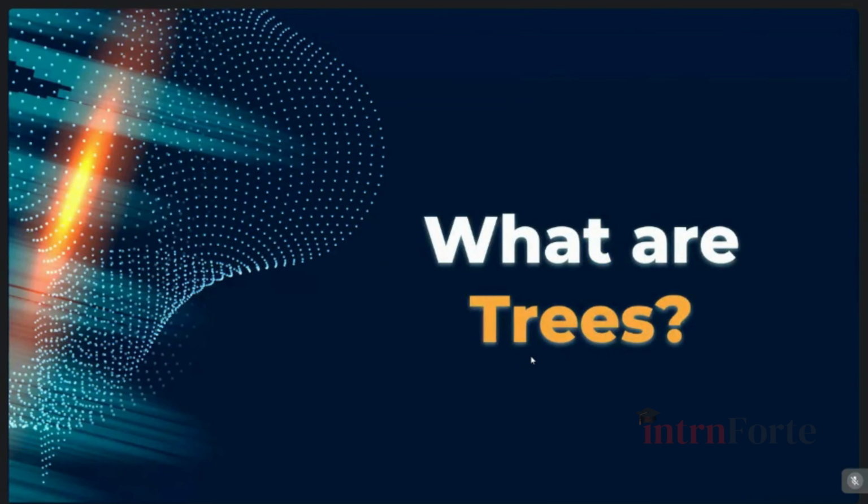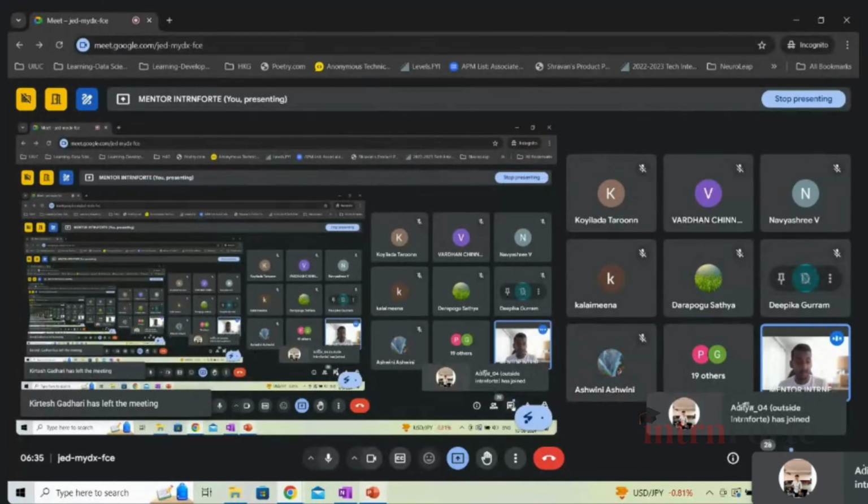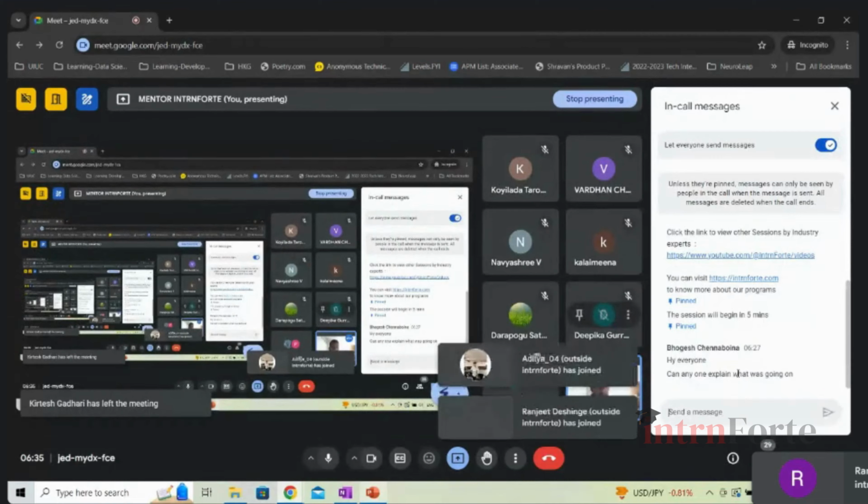Before we look at what tries are, I want to hear from all of you. What are trees? You can feel free to unmute and answer what trees are, or if you want, you can drop your answers in the chat as well. But I just want to hear from you. What do you know about trees? What do you think trees are? Don't be shy. Do speak up. Let's just check the chat.